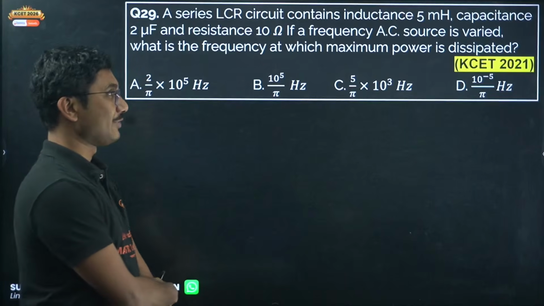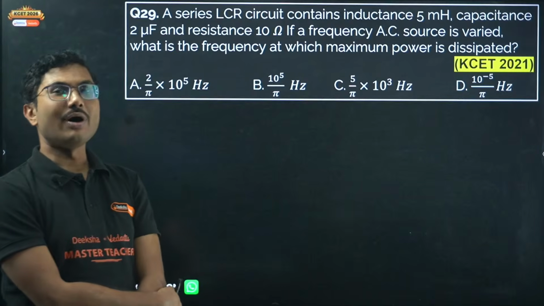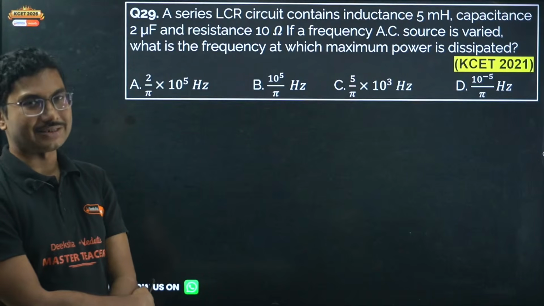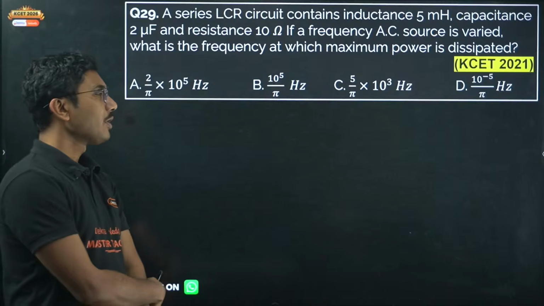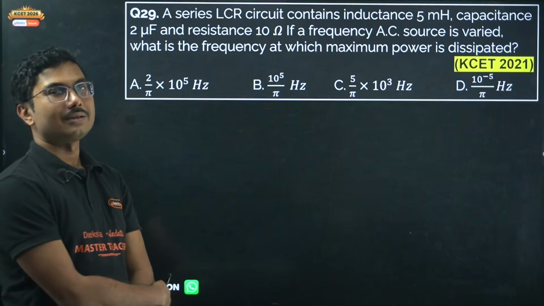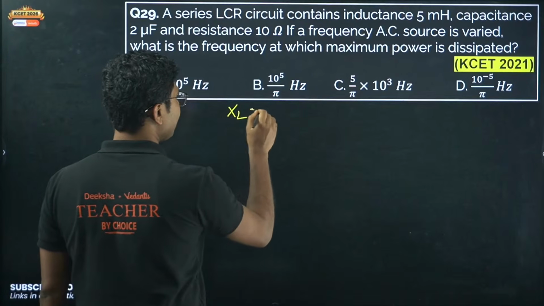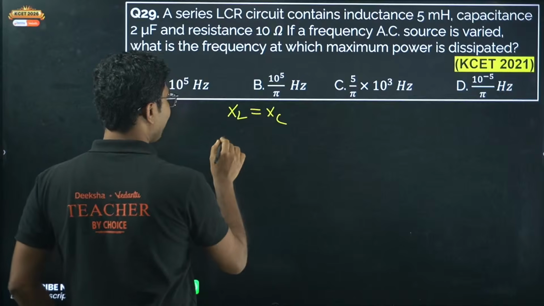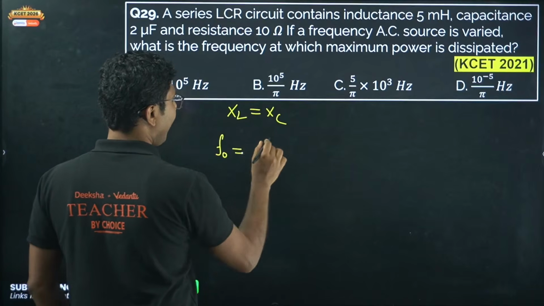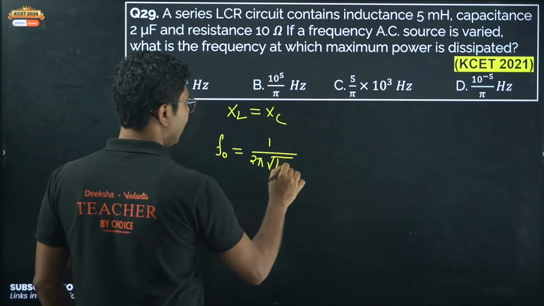Now again, same question. So this is the most repeated concept of the chapter AC. So if you are varying the frequency of AC circuit, then maximum power is dissipated only when the circuit is in resonance. So only when the circuit is in resonance, XL equals XC, and the frequency is given by 1 by 2 pi square root of LC.